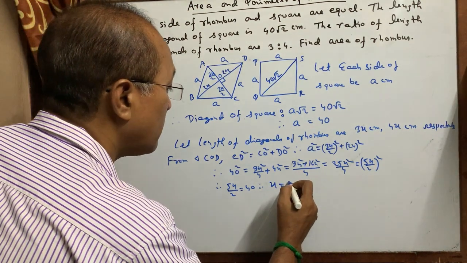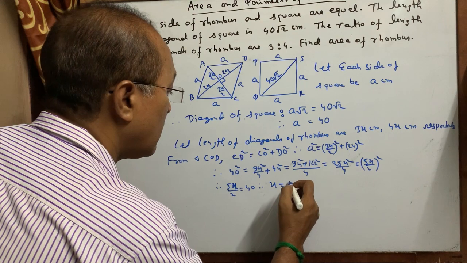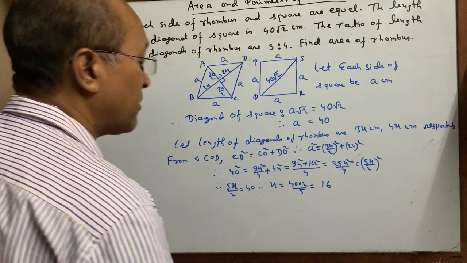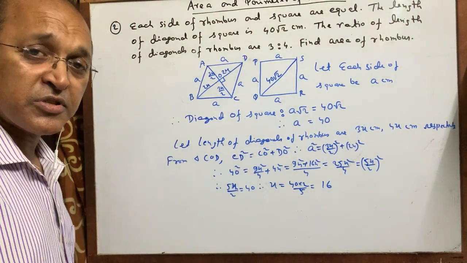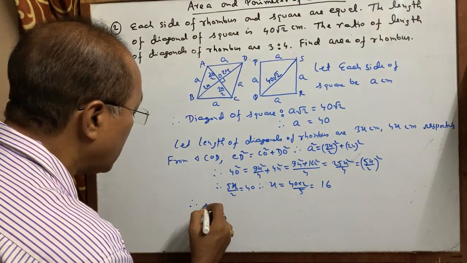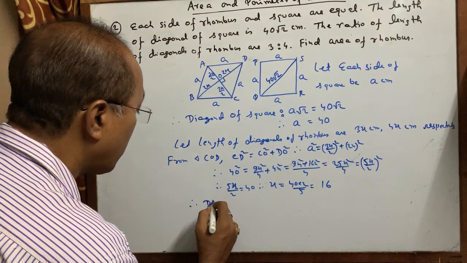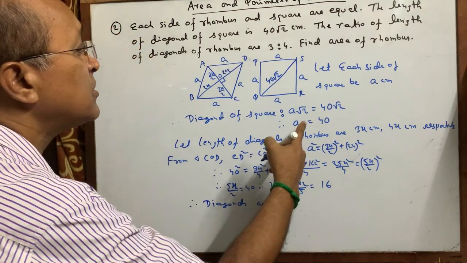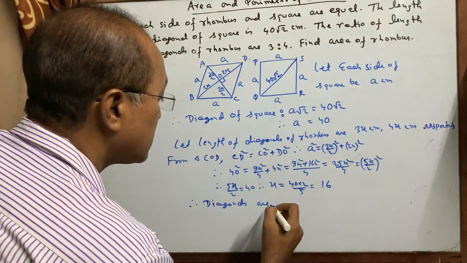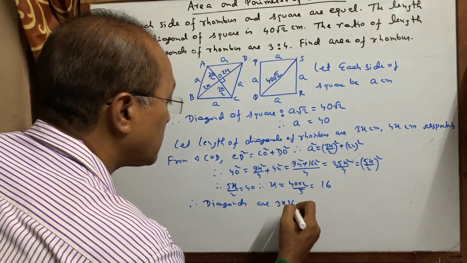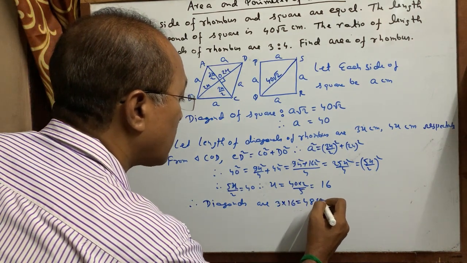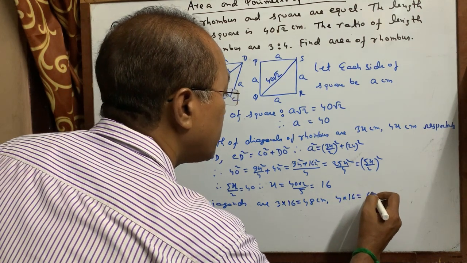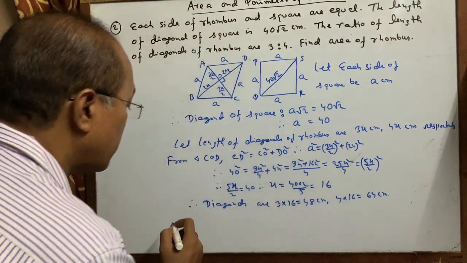So x is equal to 40 into 2 by 5, that is 16. Now x becomes 16. Therefore, diagonals are 3x and 4x: 3 into 16, that is 48 centimeter, and 4 into 16, that is 64 centimeter.